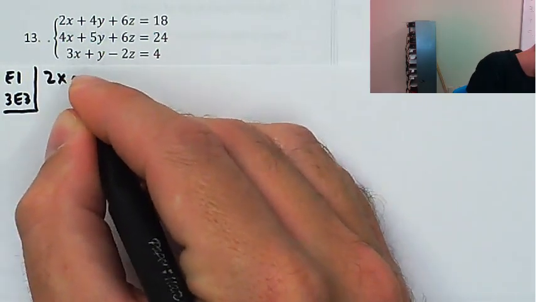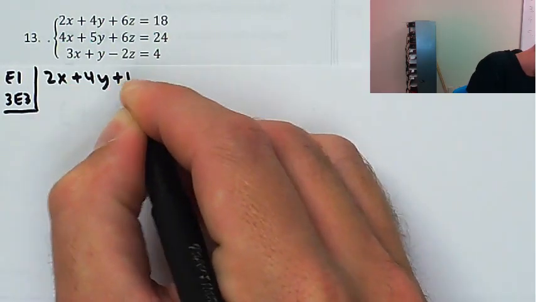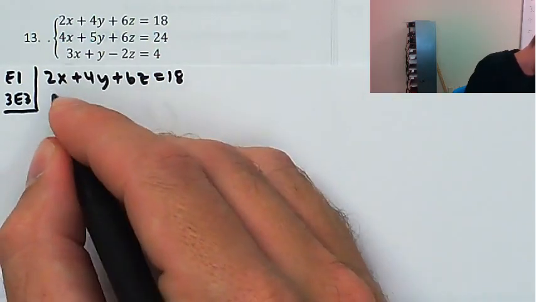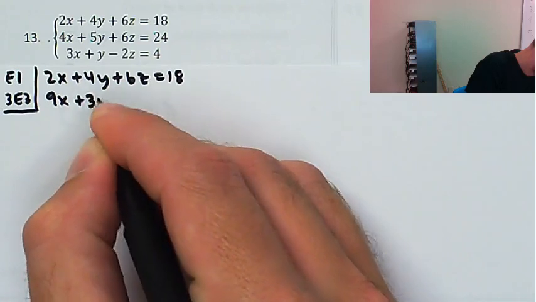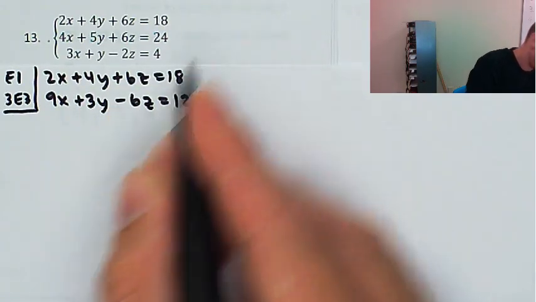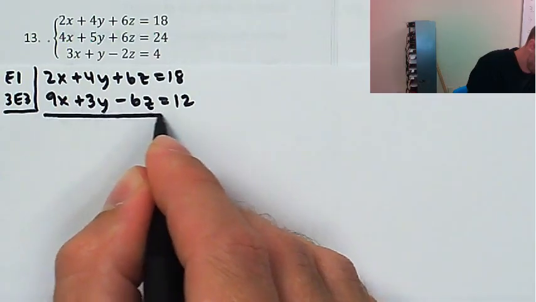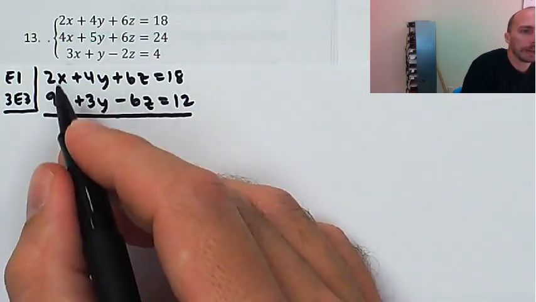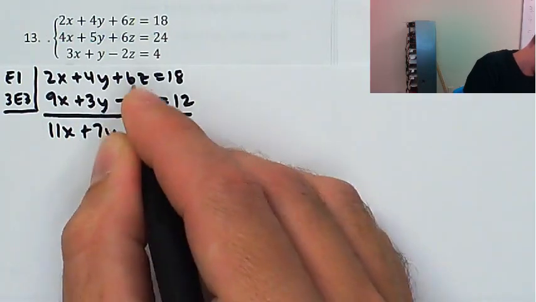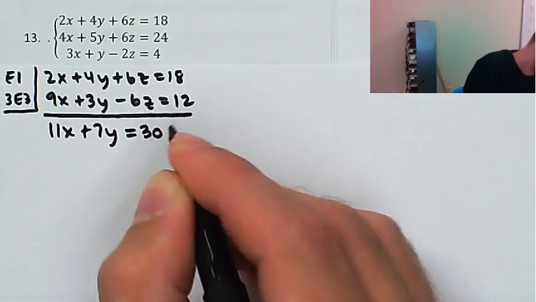So that's 2x plus 4y plus 6z equals 18. I'm just copying that. And then I'm tripling this one: 9x, 3y, negative 6z equals 12. I can add those all together, and I'll get 11x, 7y, no z's equaling 30.